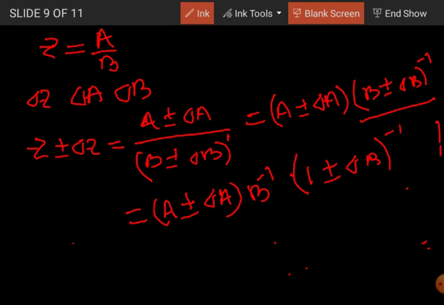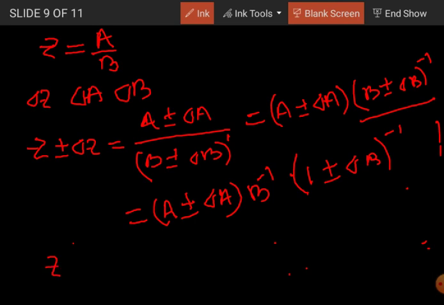Here when you compare it, I told you that delta b must be a very small quantity, so delta b is a very small quantity. Now we know that error is always a very small quantity. Now let's try to divide both expressions by z.